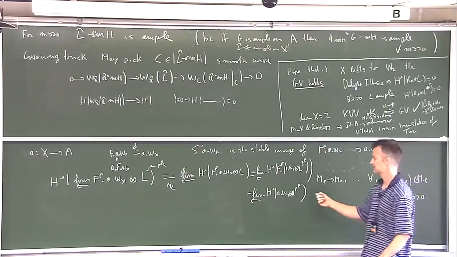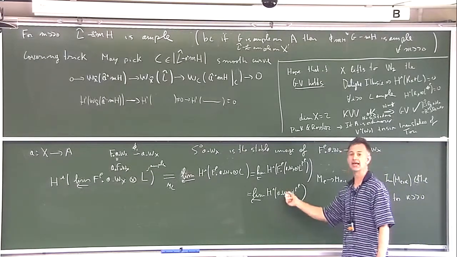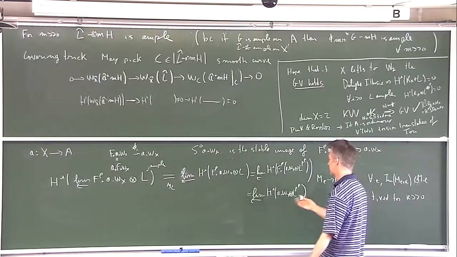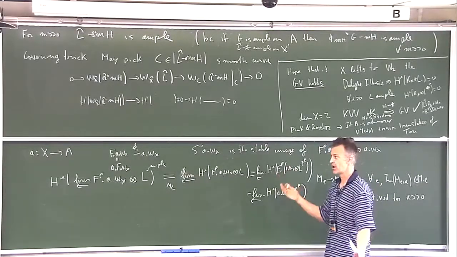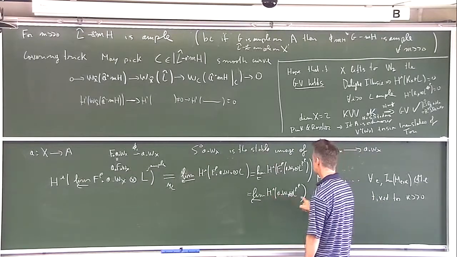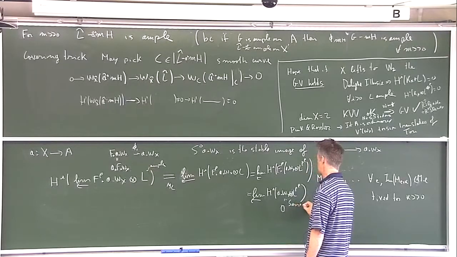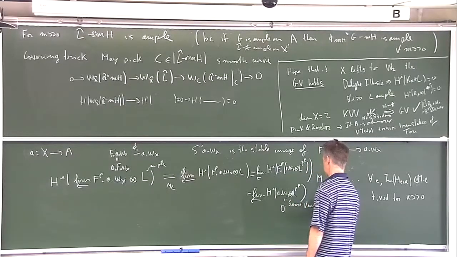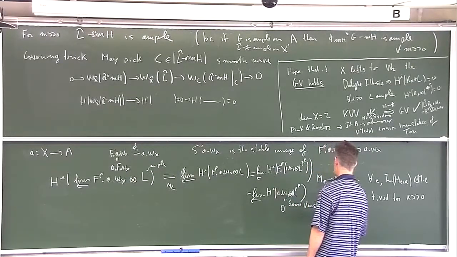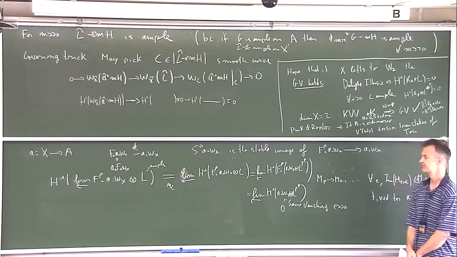The one has multiplication not by K, but by K to the P here, essentially. But as long as K is perfect, I've assumed it's algebraically closed, the dimension hasn't changed. And now look at these guys. These are 0 by Serre vanishing, as long as E is sufficiently big. So those vanish.